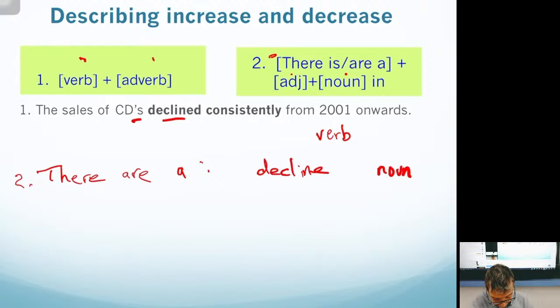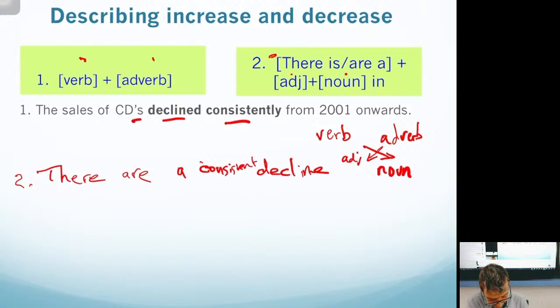Decline. And then we need to change consistently, which is an adverb, to adjective. So that goes that way, and this goes this way, if you can see that right. So there is a what? So changing consistently to consistent. We're just going to take off the ly.